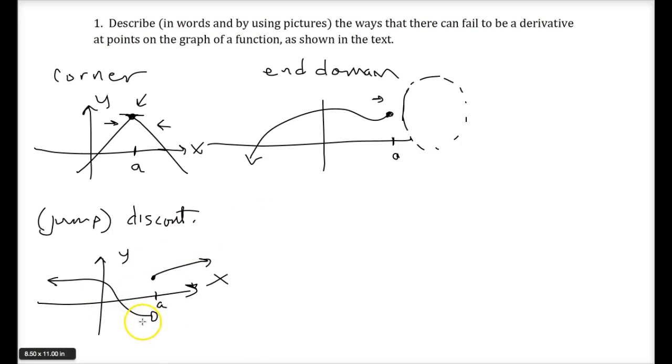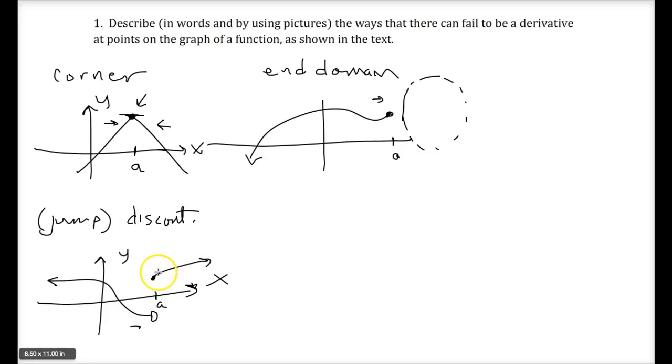So in this case, we see that to the left of x equals a, it looks like the rate of change of the function is possibly going towards 0 or maybe a very low negative number. Whereas to the right, it is a positive number.